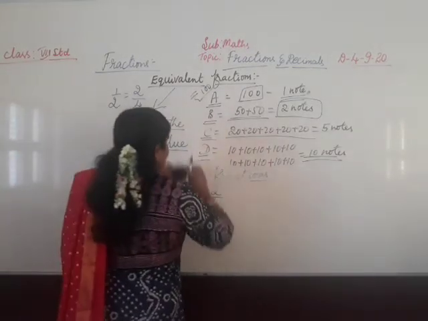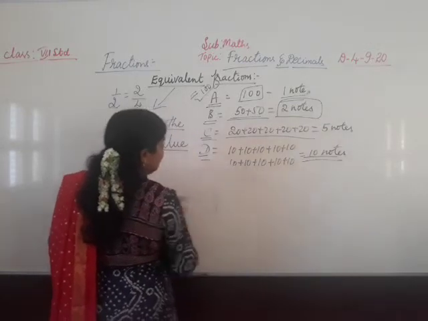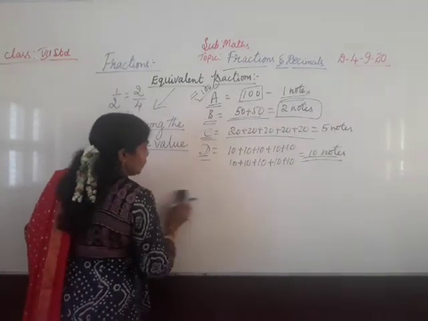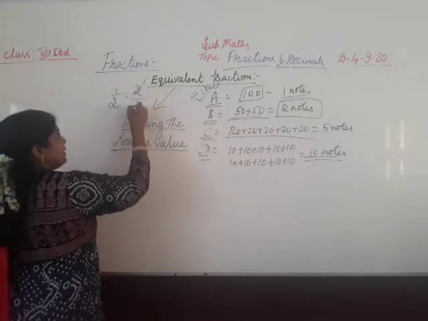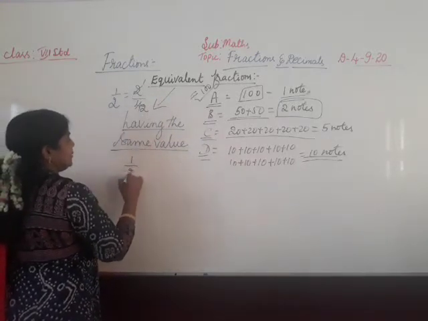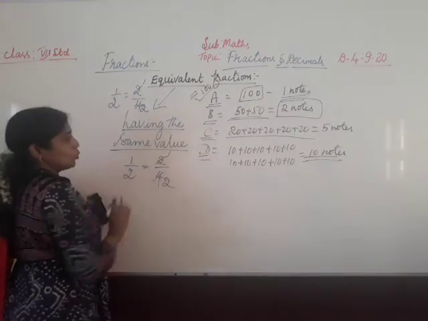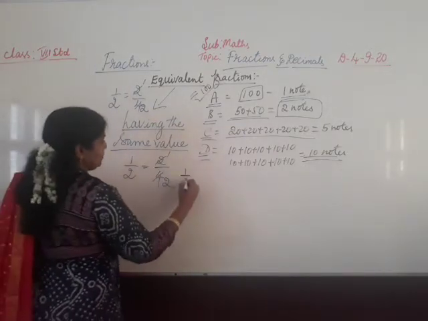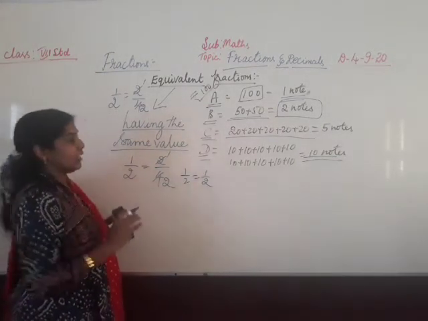Why can we call it an equivalent fraction? Both fractions have the same value. 1 by 2 is equal to 2 by 4. The value is the same, the value doesn't change.